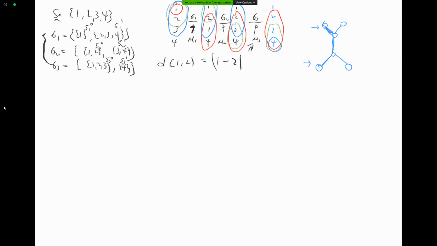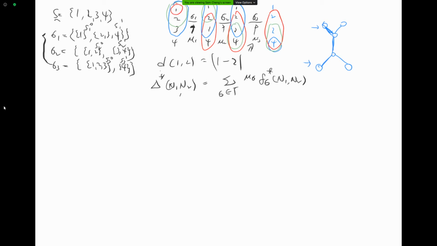More precisely, if I have 2 nodes, m1 and m2, I call it delta star, the distance of the 2 nodes will be the sum over all the splits sigma in that tree, such that I have mu sigma and delta star sigma m1 and m2.